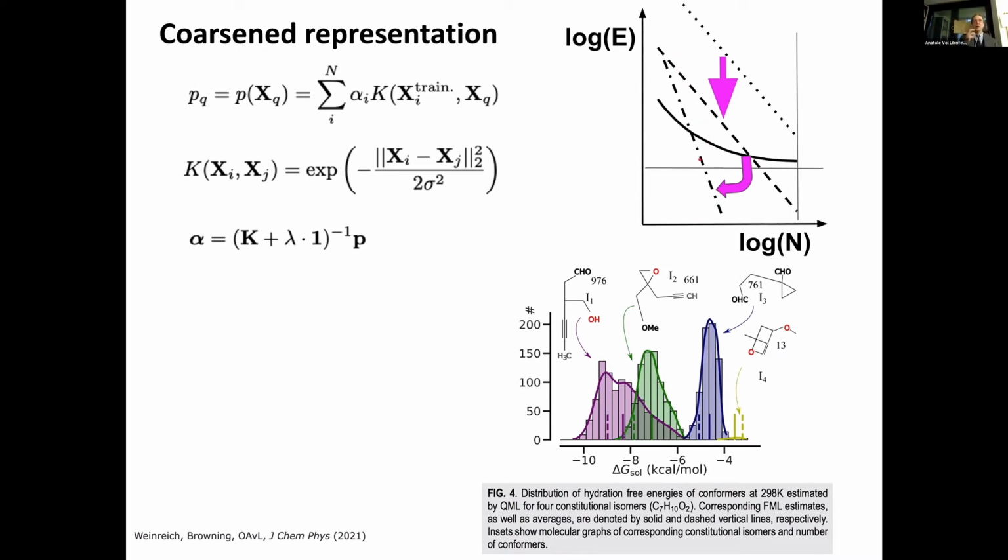Right? So having this in mind, we wondered how can we tackle free energies, and in particular we picked free energies of solvation since there was actually an experimental data set on this, and what intrigued us was something that is displayed in this figure, which also comes from the paper. If you take a constitutional isomer, so let's say you have this molecular graph, there are many different conformers, of course, you could use.